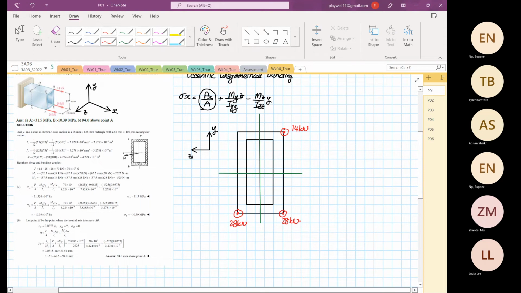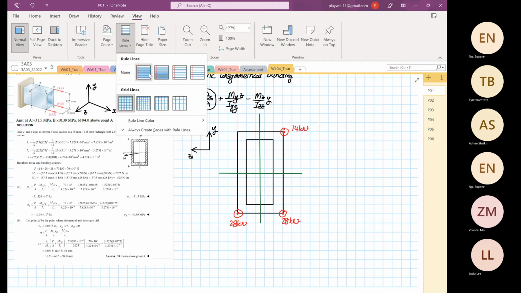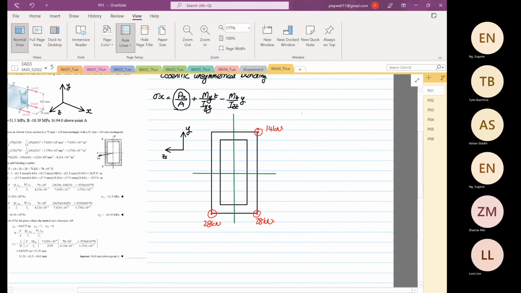So we know that moment, just to quickly recap, is equal to force multiplied by perpendicular distance.